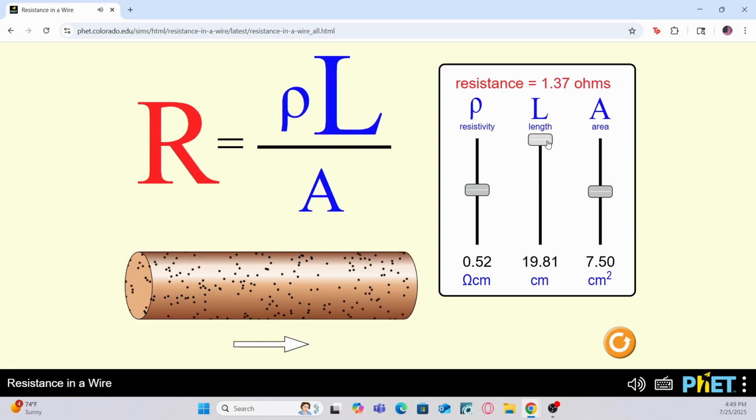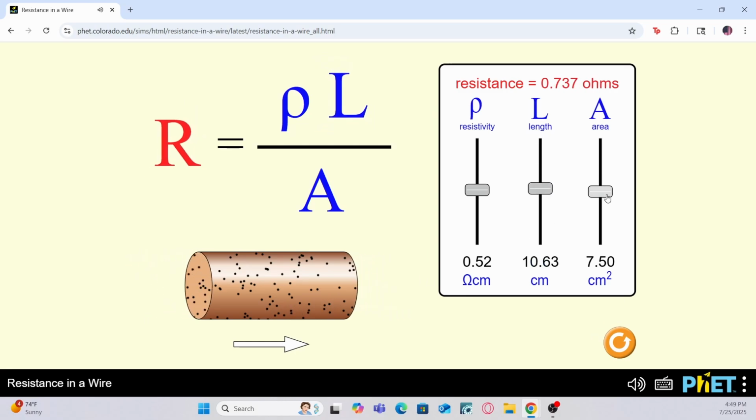Length is also directly proportional because as you increase length, you have farther to go, you have more of these impurities, more of these nuclei, these inner electrons to pass by. And you would think area would also be proportional, but it's actually inversely proportional. That's why it's on the bottom of this fraction symbol.